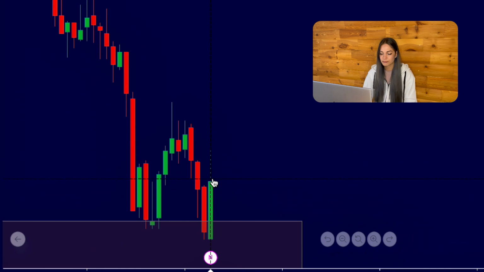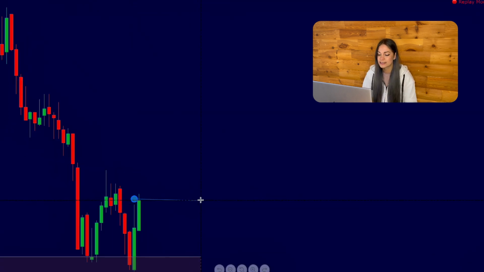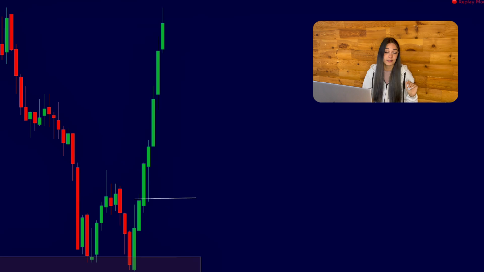We see 3 red candlesticks. The green one doesn't cover them completely. That means that we need to wait for the second one, and the second one with the first one is covering most of it, not the whole thing, but most of it, but it's still a great place to enter a deal. Because on key levels, patterns like that, this is the most effective way to use them. As you can see, the price is shooting up.